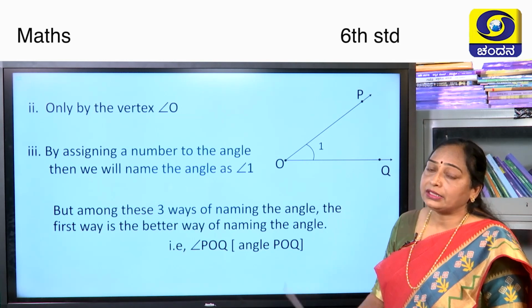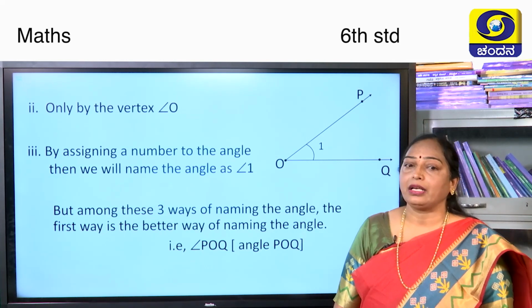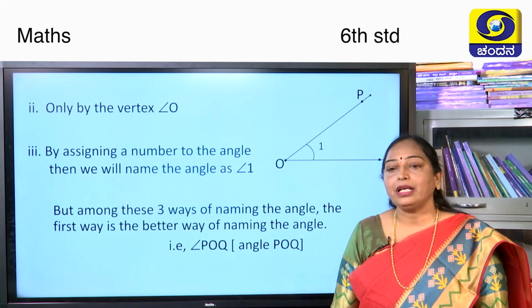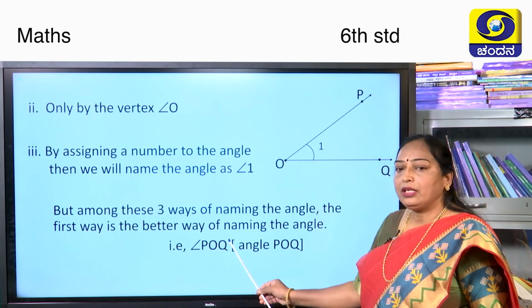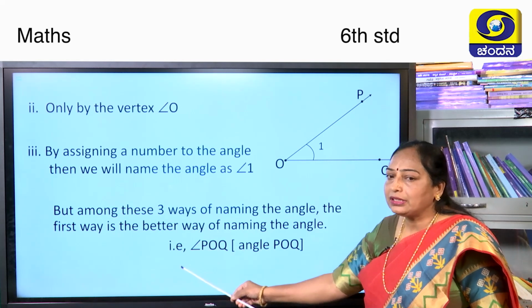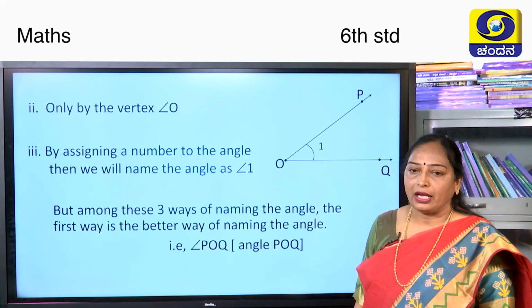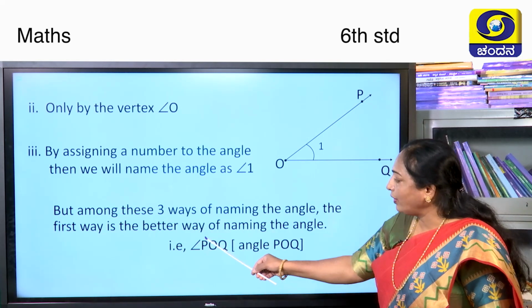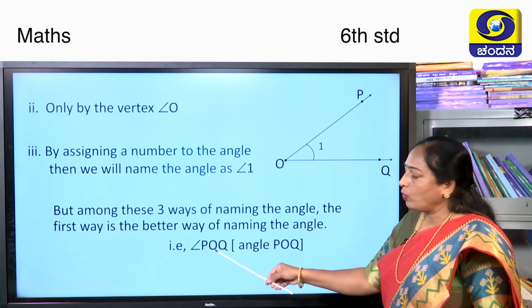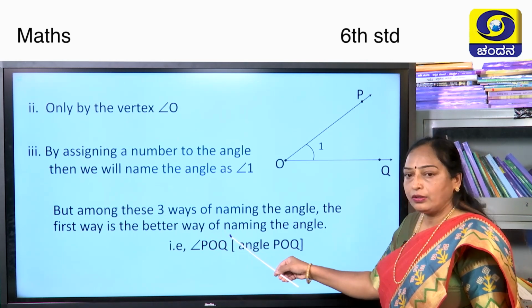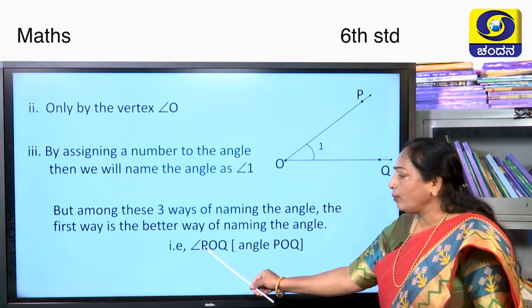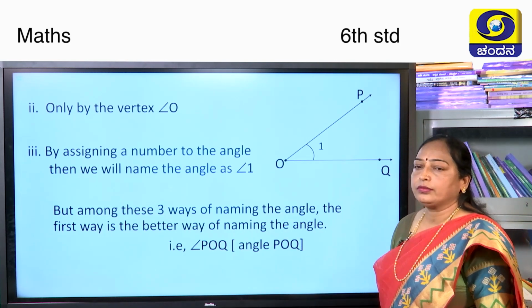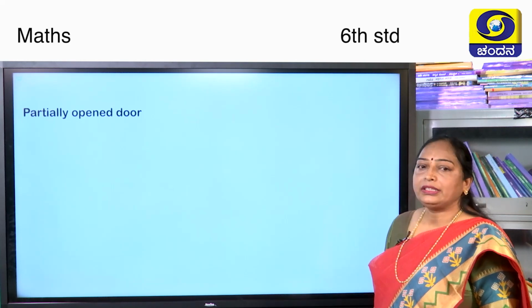Among these three ways, the first is the better way of naming the angle, that is angle POQ, with the vertex in between the two points. O is in between P and Q. That's why we read this as angle POQ.